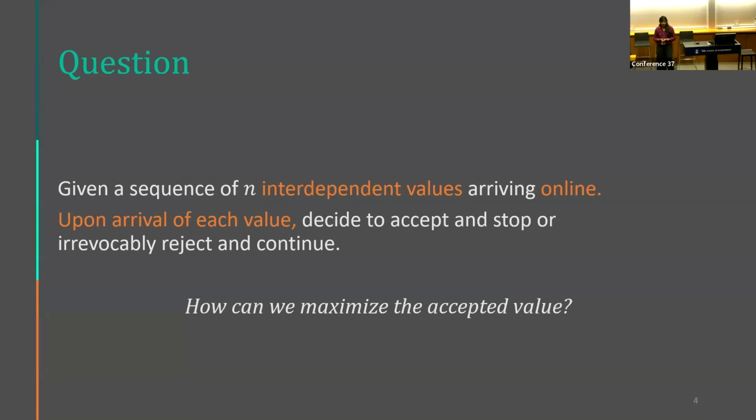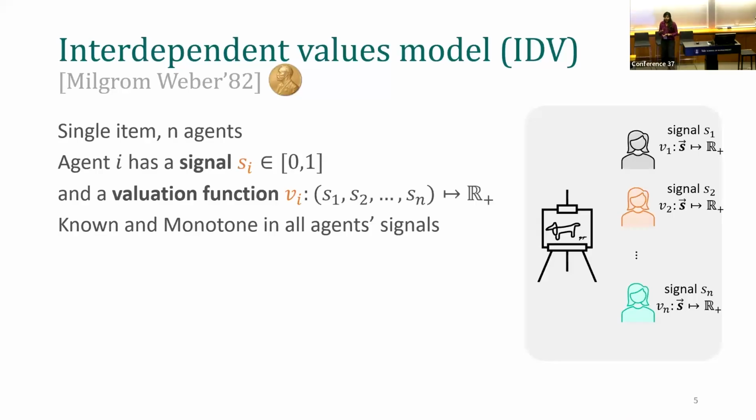Okay, so to formally study interdependence, we turn to the model of Milgrom and Weber, who built upon also work of Wilson, and they won the 2020 Economics Nobel Prize in part for this contribution. So in the interdependent values model, again, we are in a single item setting with n agents. Each agent i has a private signal Si.